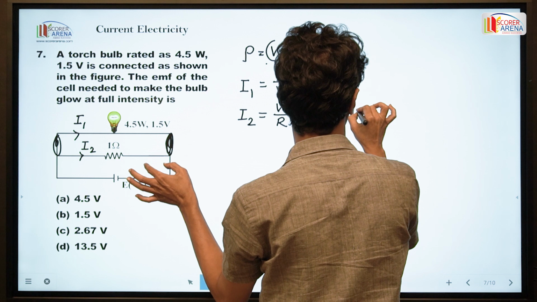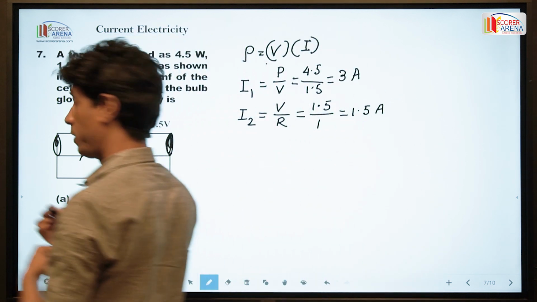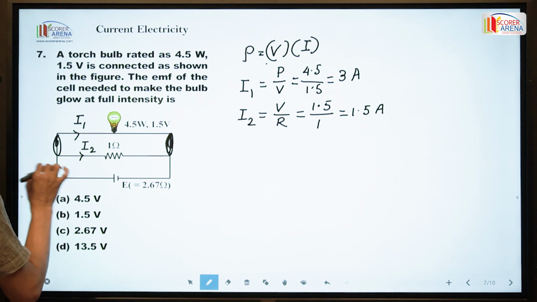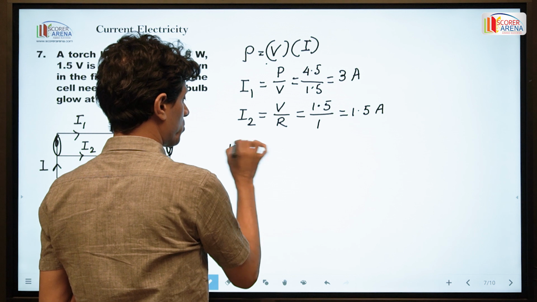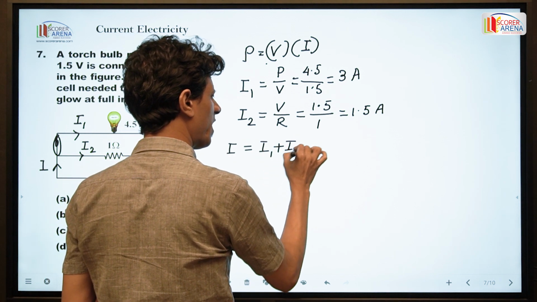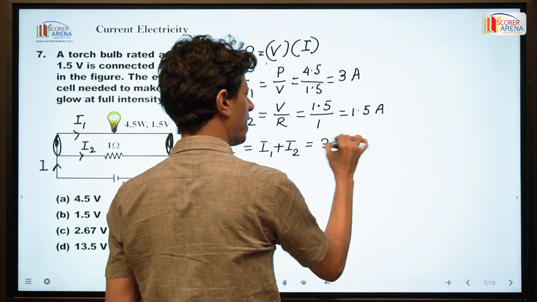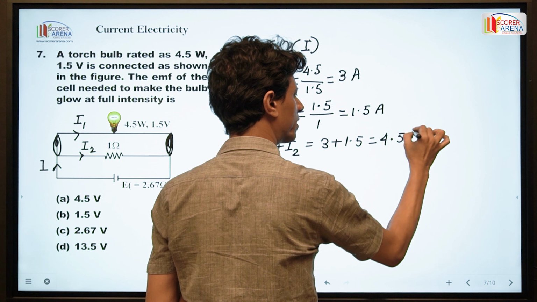So the current through this branch is 1.5 ampere. So the total circuit current is I1 plus I2, that is 3 plus 1.5, which is 4.5 ampere.